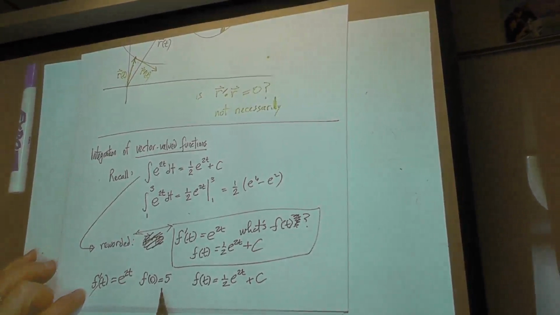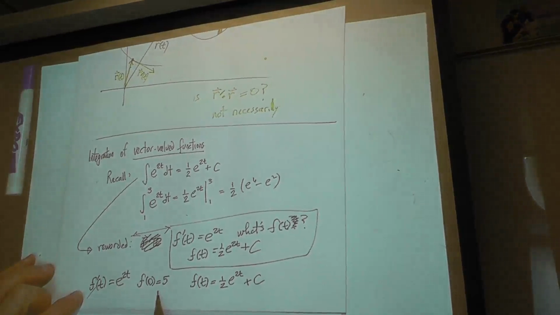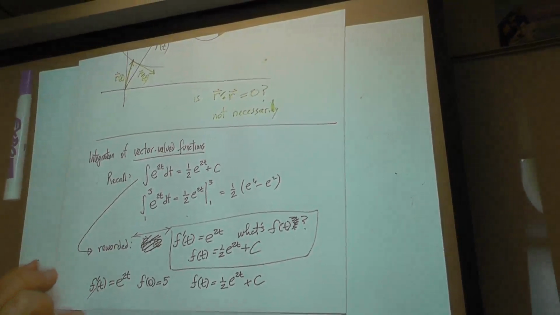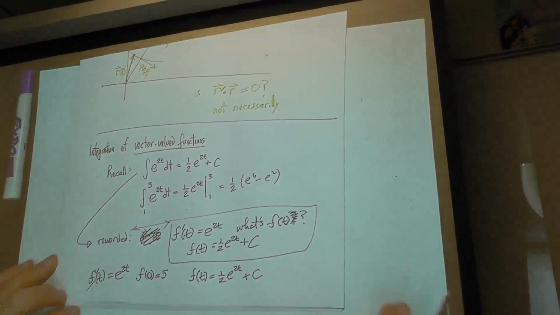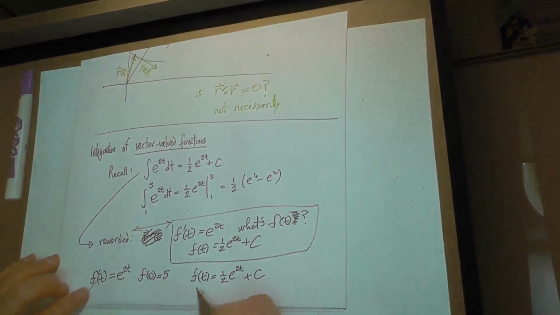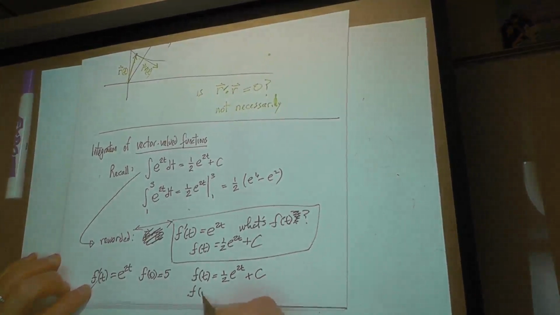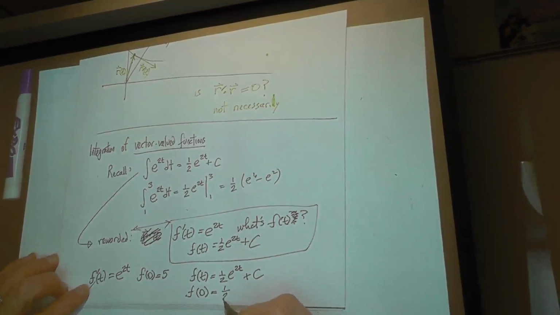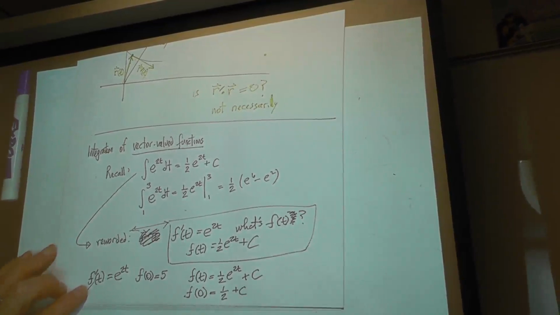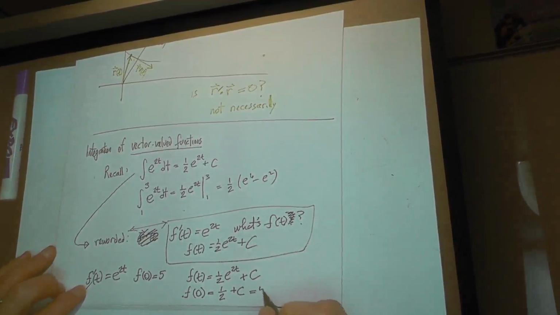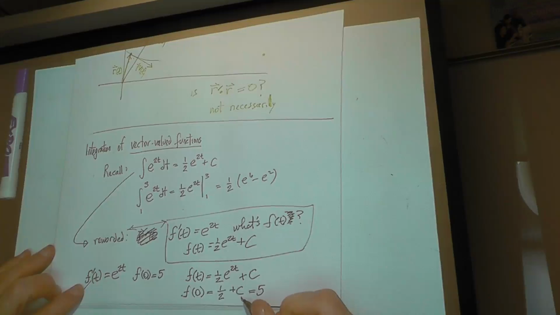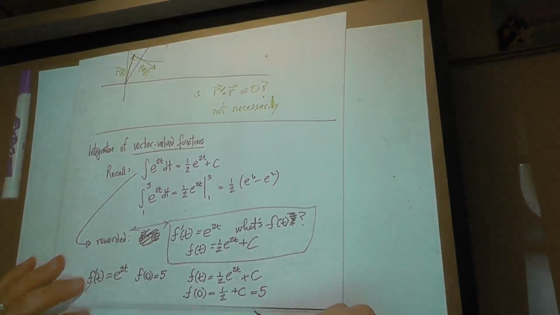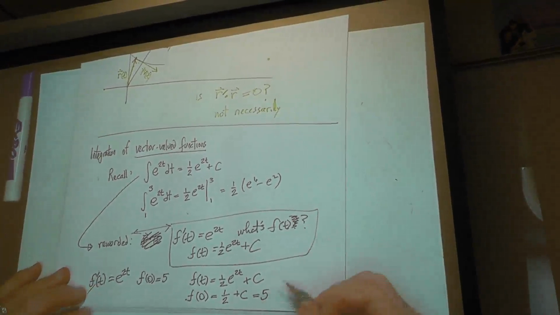Do not assume it's 5. I'll take your word, but what I would observe is f of 0 is 1/2 plus c, and that is supposed to equal 5, so c is 4.5, or 9/2.